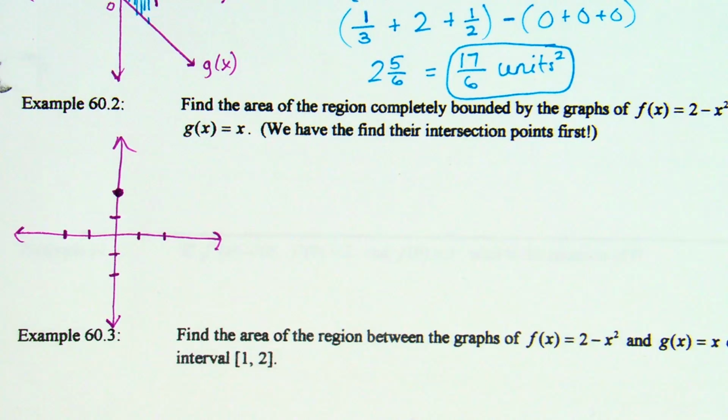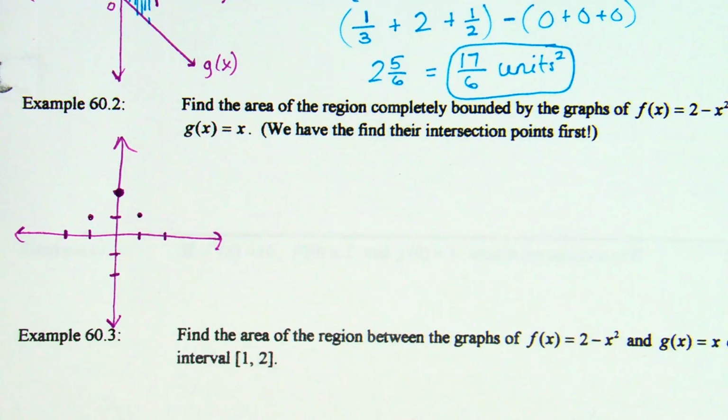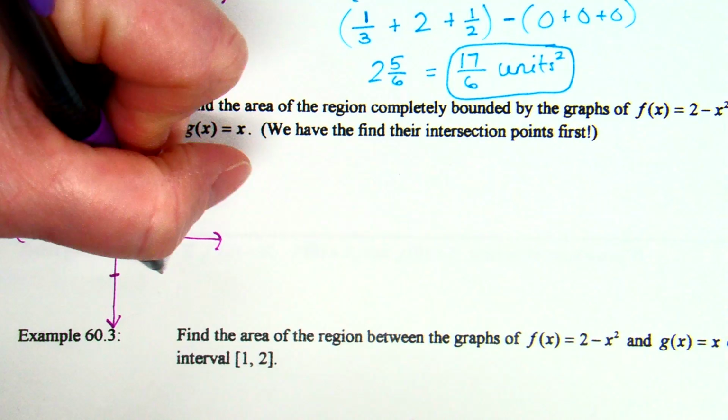If the vertex is at 0, 0, where's the next set of points? Over 1, up 1. So in this case, over 1, down 1. So it's going to be at 1, 1 and negative 1, 1. And then from there, it would have been over 2 and 4. So from the vertex over 2 down to 4, which would be down to negative 2.